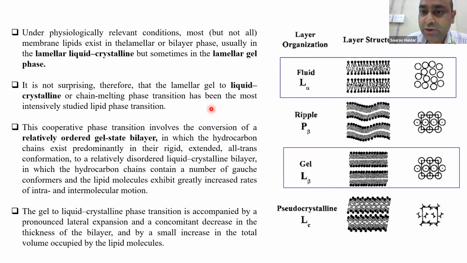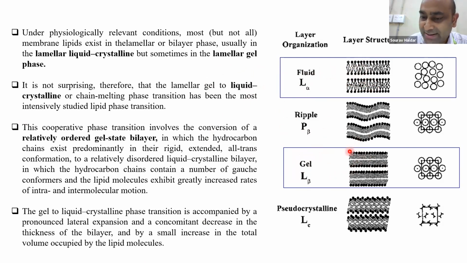Typically the lipids are oriented in a bilayer fashion in a fluid state, which is known as the L-alpha phase. Sometimes it is also known as a liquid crystalline phase. In that phase, the lipids are relaxed and loosely packed, and that's why they are more mobile.